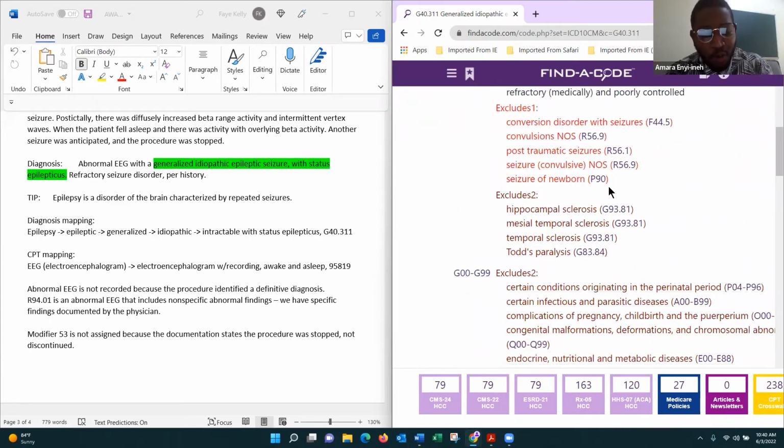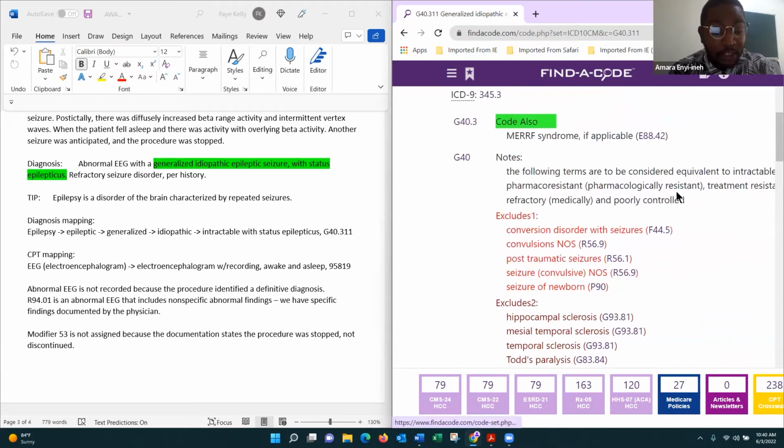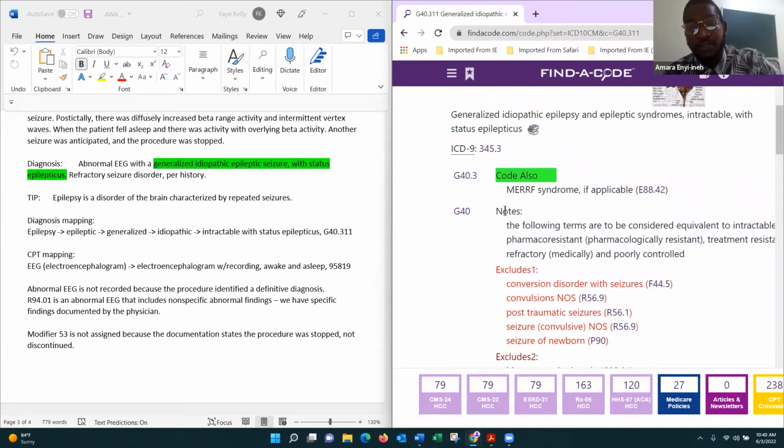Then I also coded the abnormal EEG. The CPT, I got it right. I got 95819, then the correct ICD also. Okay, great. You coded this F44.5? Yes, I coded the 44.5, the one that has the disorder with seizure and convulsion.